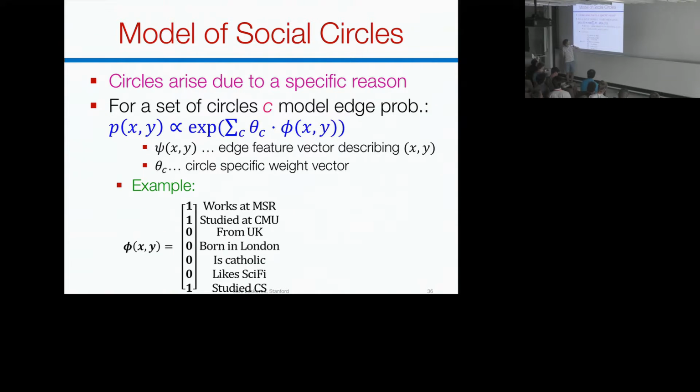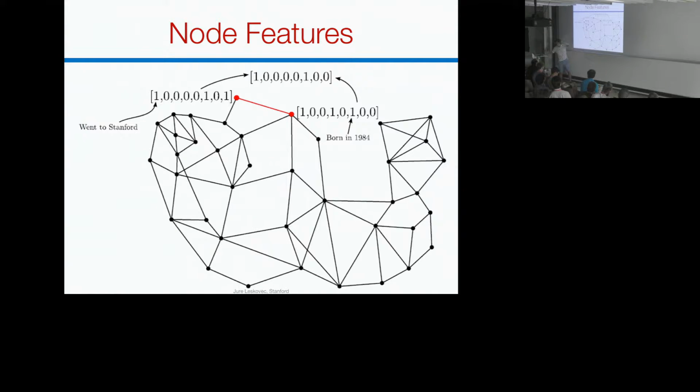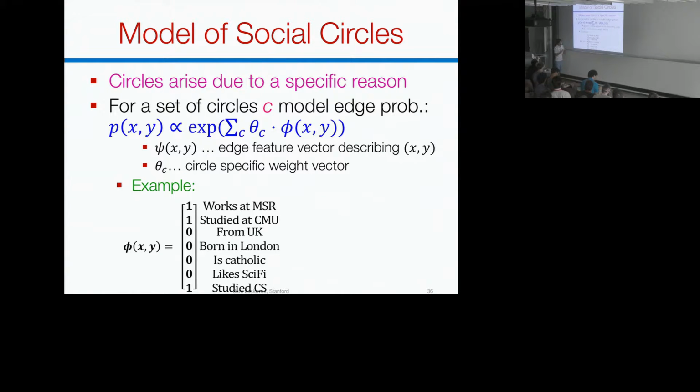What we will have is this phi xy, the feature vector that I showed before on an edge. So it's what the pair of nodes have in common, and then for every one of these social circles, I will have a prototype vector.